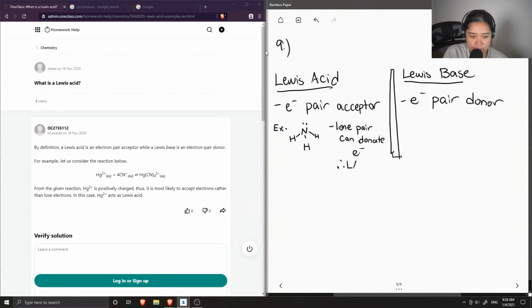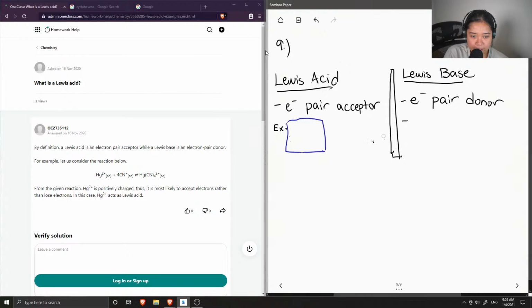So therefore, this is a Lewis acid. And an example of a Lewis base. Oh, sorry, I got the two mixed up. That makes sense, sorry.